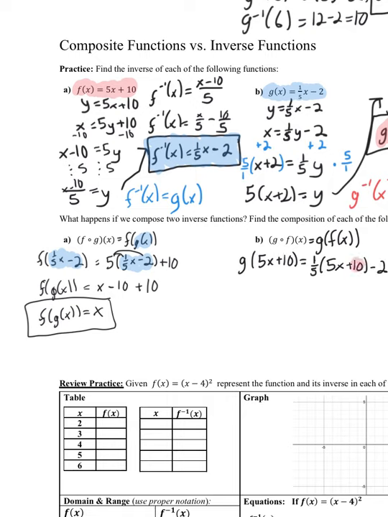This time, the 5x plus 10 is the input instead of just a regular x. And then I can go ahead and simplify this. So g of f of x is 1/5 times 5, that's x. 1/5 times 10, that's 10/5.